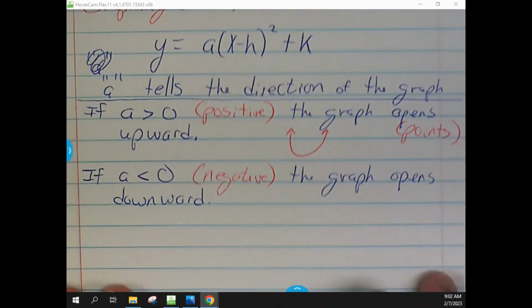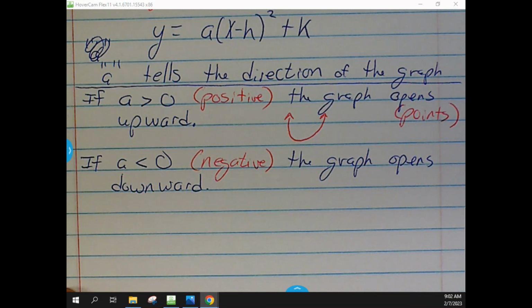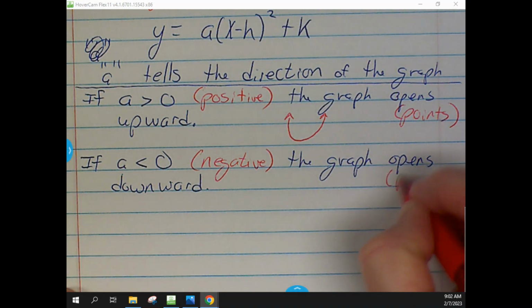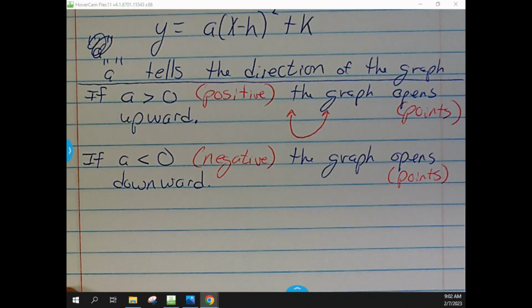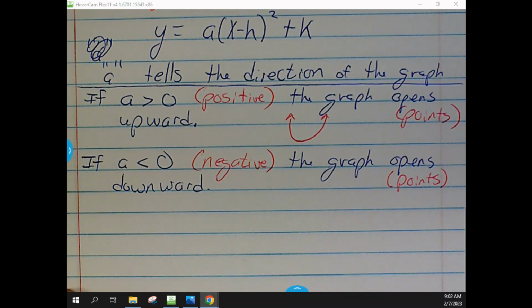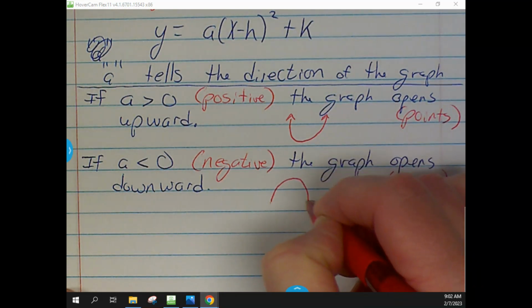And it sounds funny to say that a graph opens downward because it doesn't make sense that it's open as it goes down, but that's the technical mathematical term. And again, it points. Some teachers will get mad if you say that it points down. Some of them don't care. It just depends on how much of a stickler you are for these. So if you have a graph that's got a negative a value, the graph will always look like that.